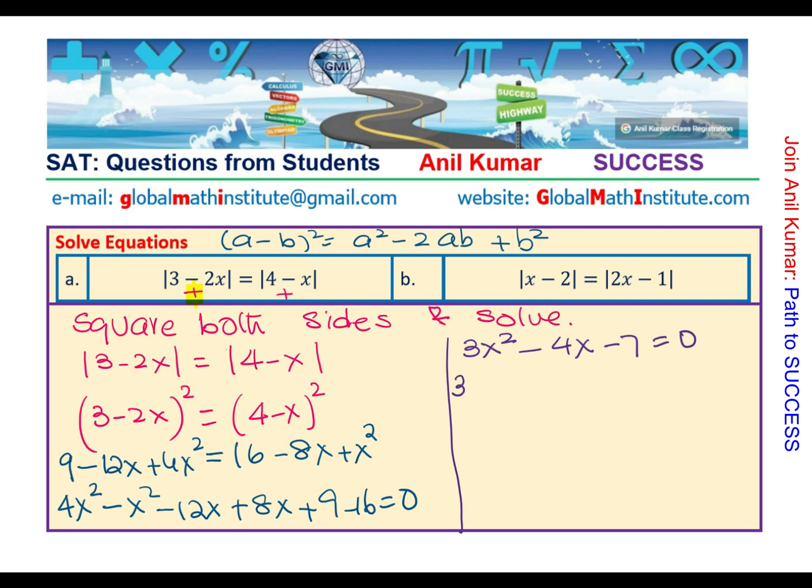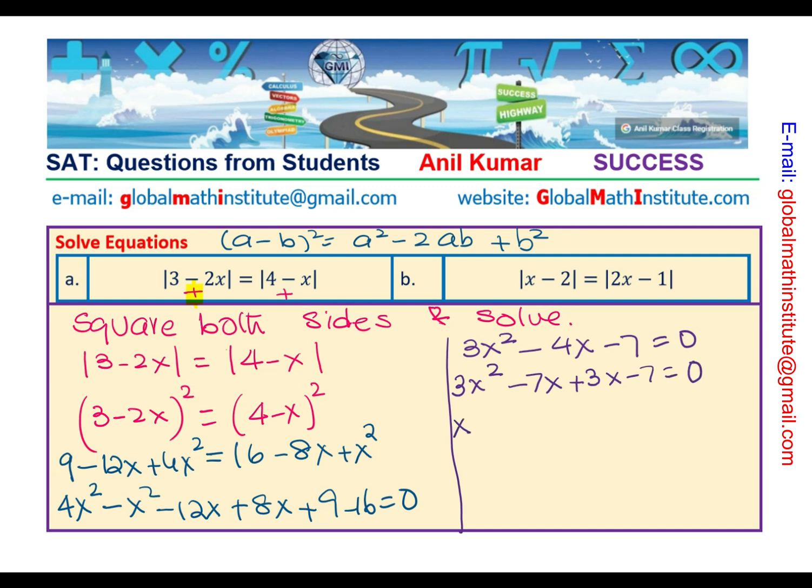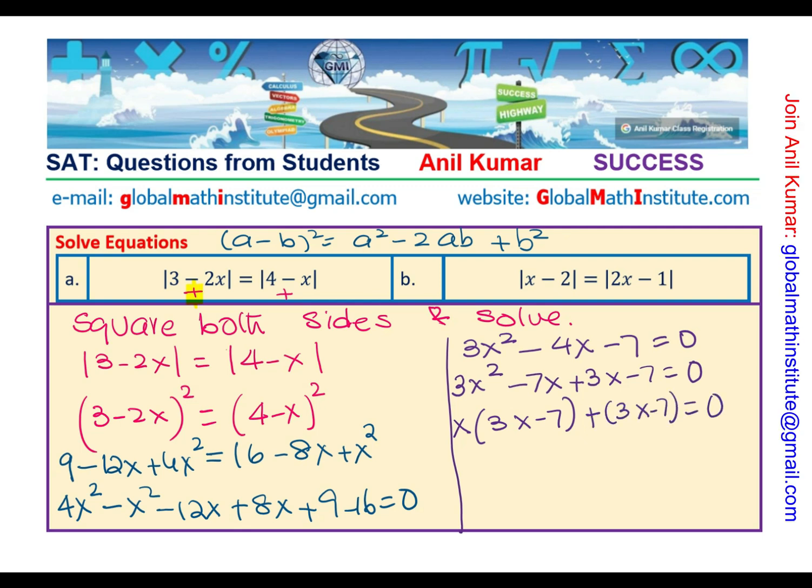So those two numbers, as you know, are 3 and 7, right? So for 3x square, bigger number has to be negative. So write negative 7x plus 3x. We can now factor, taking x common, we get x times (3x minus 7) plus (3x minus 7) equals 0.